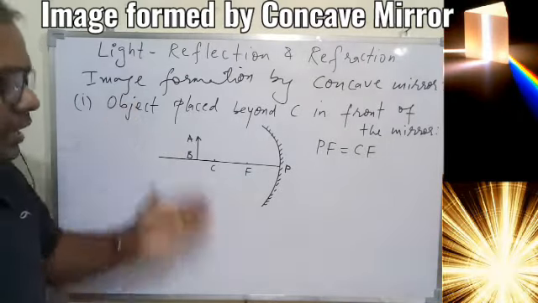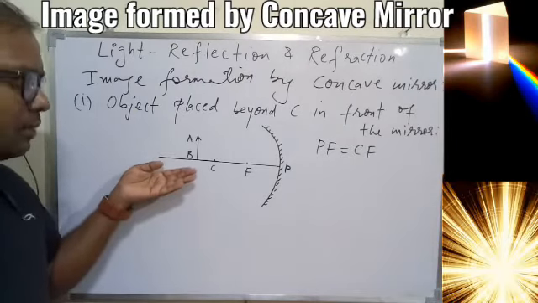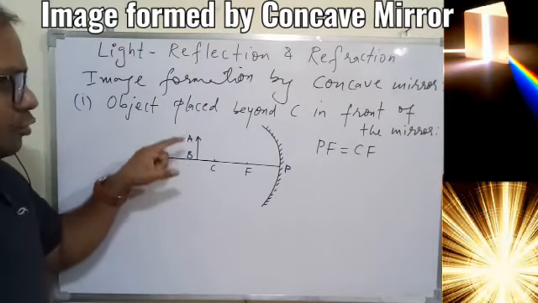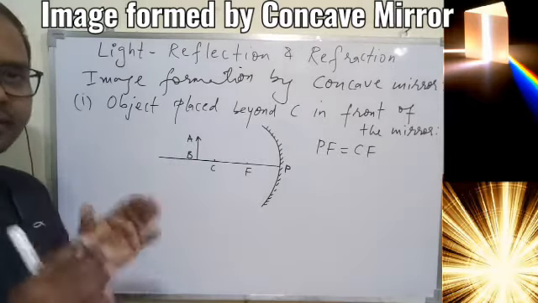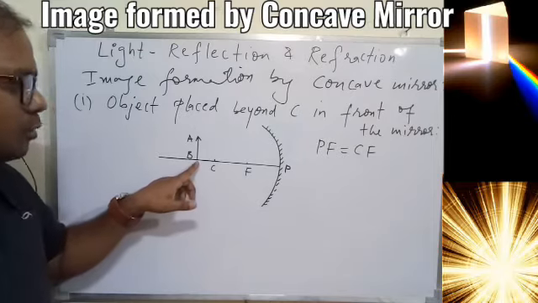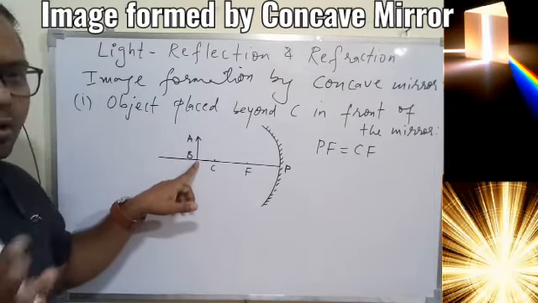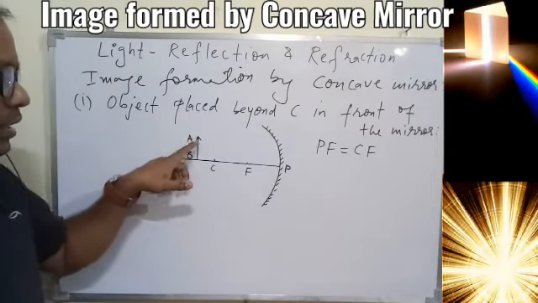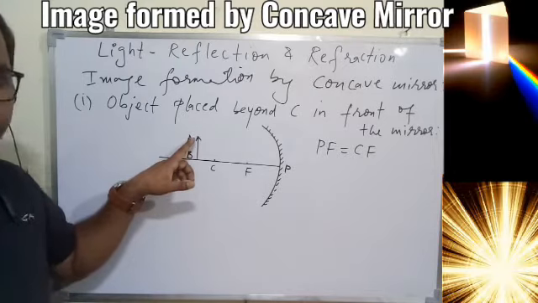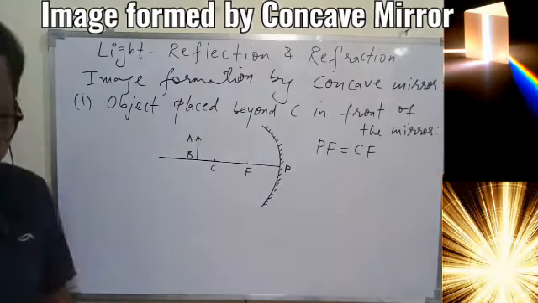In general, in the ray diagrams we are going to do for the concave and convex mirror, the object is already placed on the principal axis. So this principal axis is the reference for us, so we are not going to apply any rule for point B. Let it be there as it is. We only have to find out where the image of A will be formed, so we have to concentrate on the topmost point.